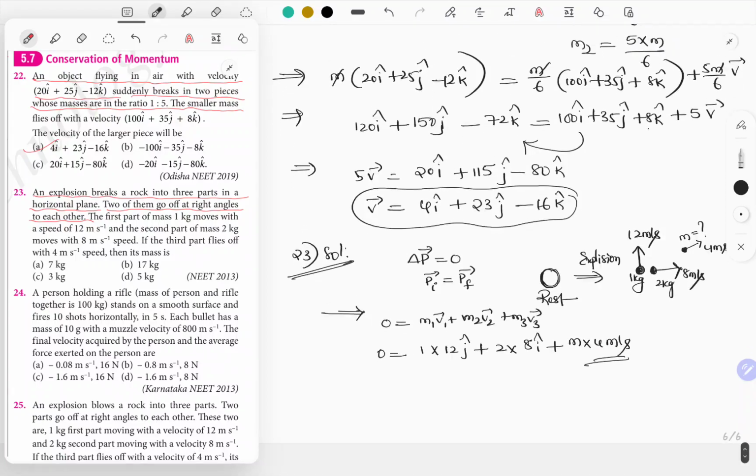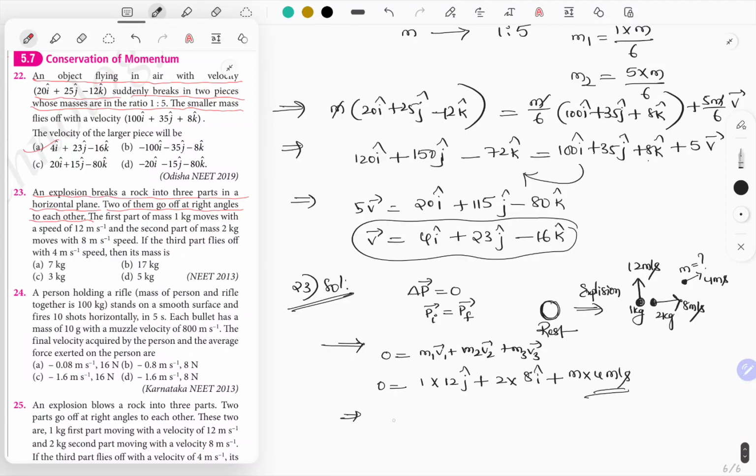Okay. So from this I have to find out m. So 4m is equal to minus 12 j cap plus 8 is nothing but 16 i cap. So if this gets cancelled, 4 3s are minus 3.